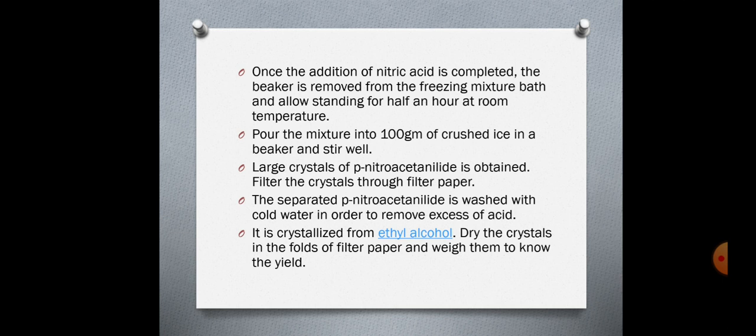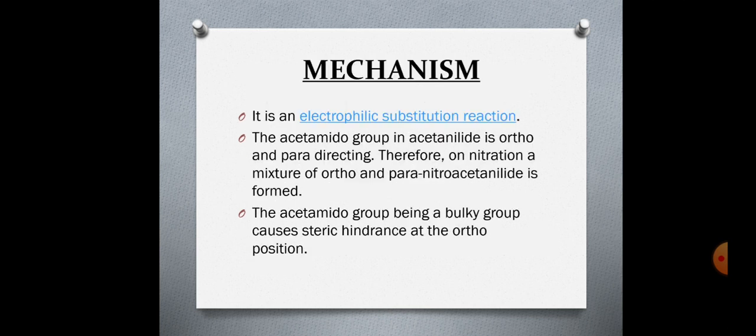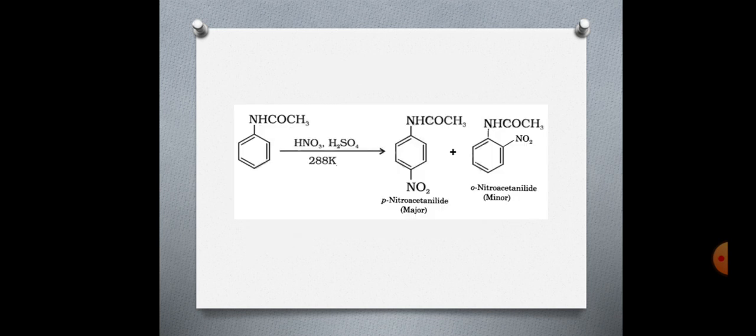Now we are going to see the mechanism of how this happens. It is an electrophilic substitution reaction. The amido group in acetanilide is ortho and para directing. Therefore, on nitration, a mixture of ortho and para nitroacetanilide is formed. The acetamido group, being a bulky group, causes steric hindrance at the ortho position. We can see the structure of acetanilide.